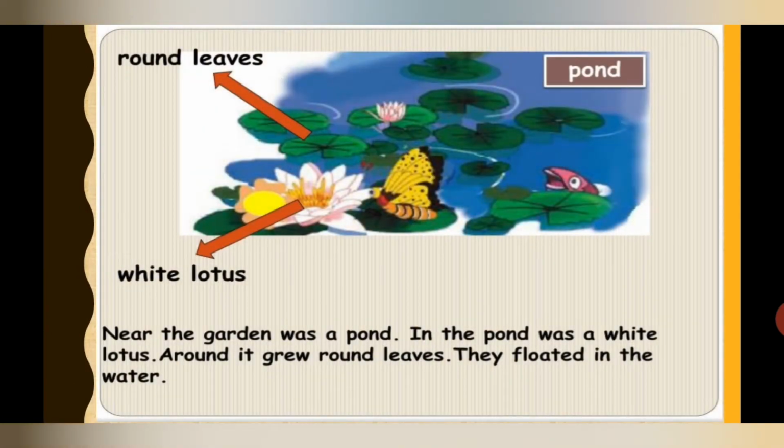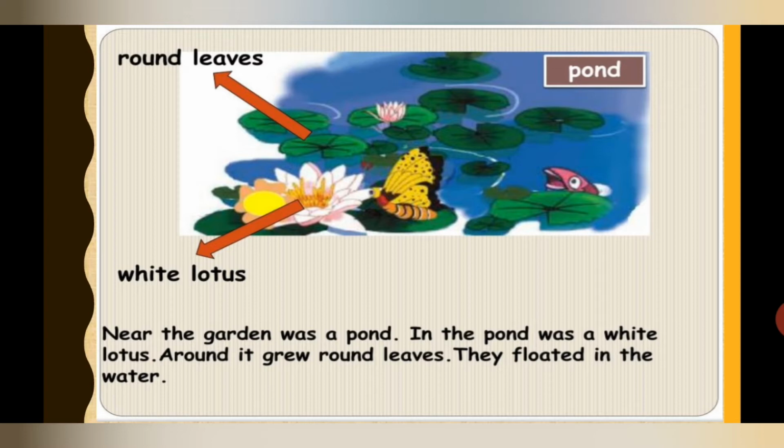Oh, near the garden was a pond. In the pond was a white lotus. Around it grew round leaves. They floated in the water. Now you can see that in his garden there was a pond. You can see in the picture there was a pond, and in that pond there was a white lotus.